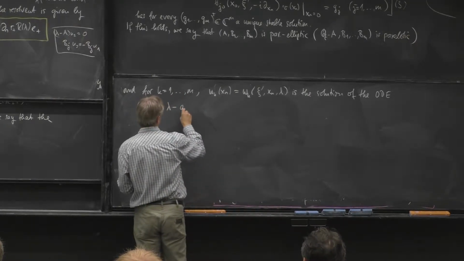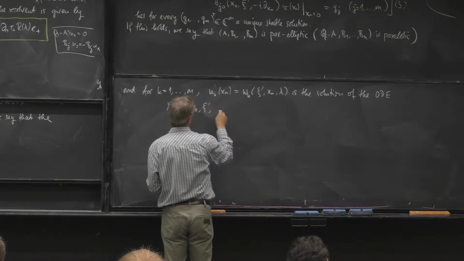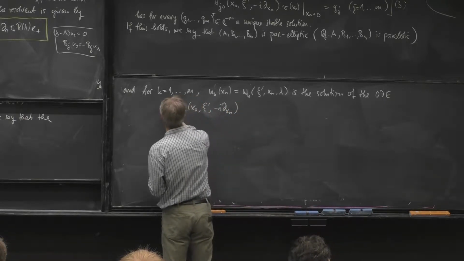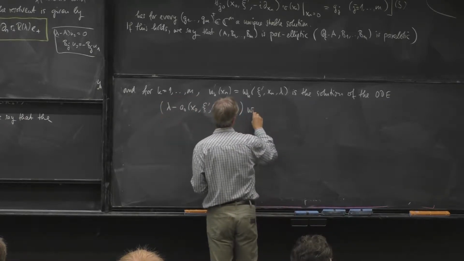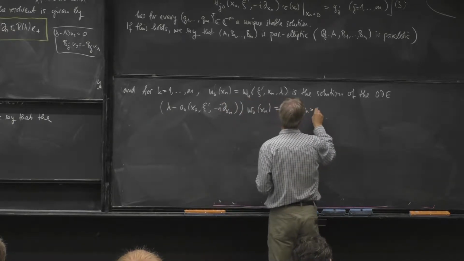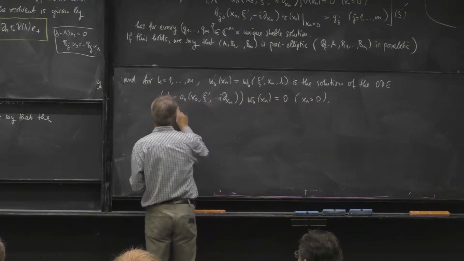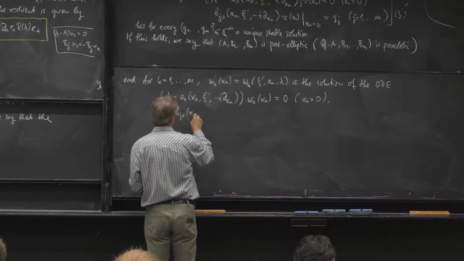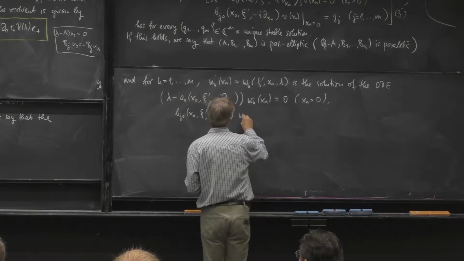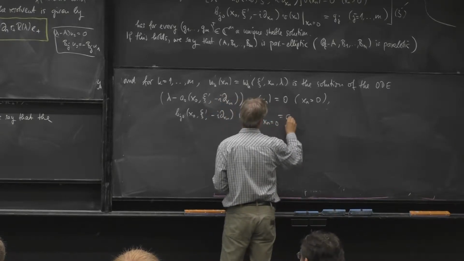So A0 x naught psi prime minus I dxn wk of xn is 0 for xn greater than 0, and the boundary conditions Bj0 x naught psi prime, I dxn wk xn at xn equals 0, is delta kj.